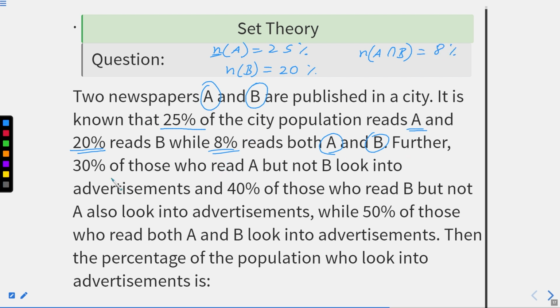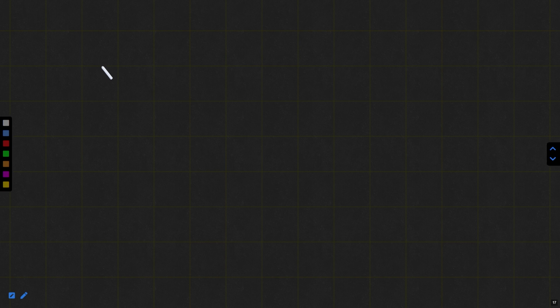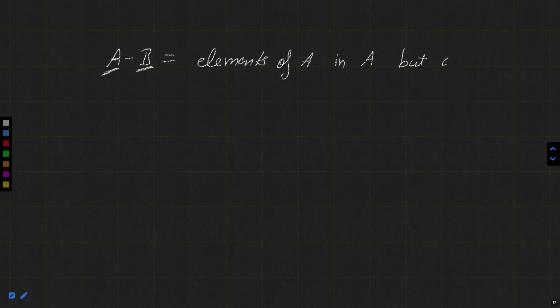Further, 30% read A but not B. A but not B is represented like this: elements in A that are not present in the B set.